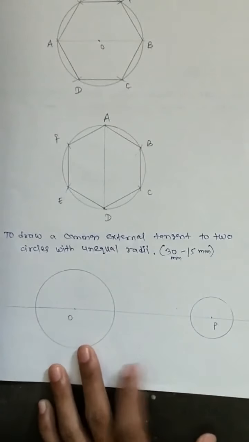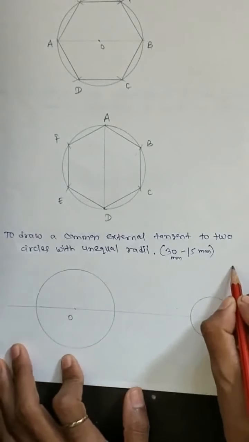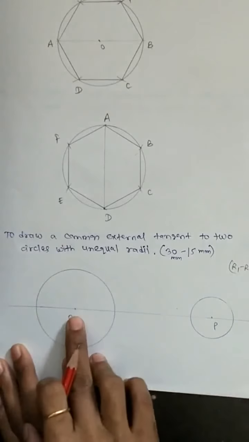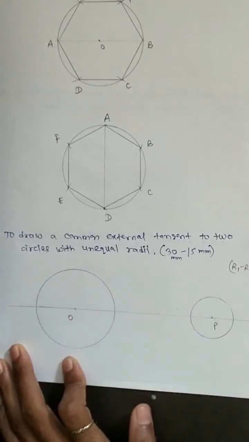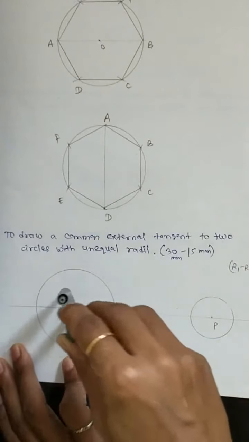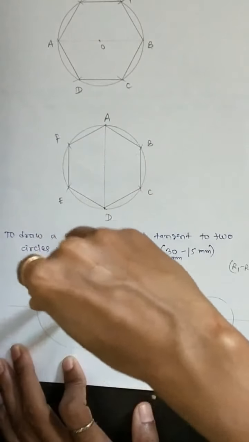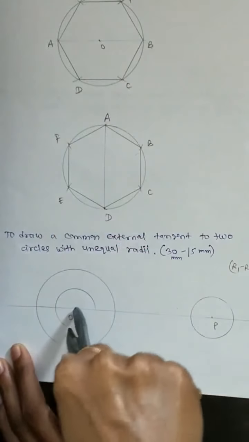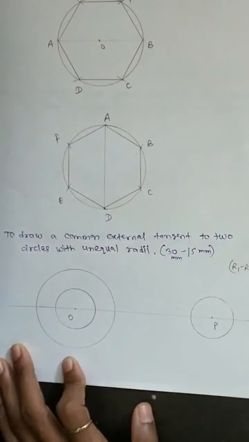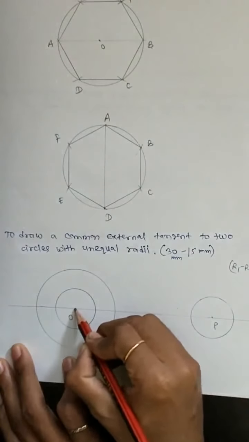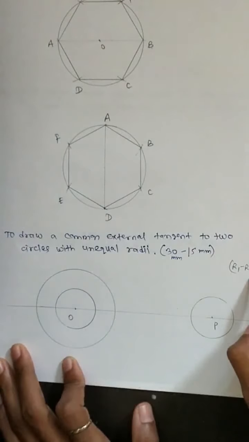Then take a radius of R1 minus R2. R1 is 30 and R2 is 15, so 30 minus 15 is 15 mm. So take a 15 mm radius with O as center and draw a circle. So this circle has radius R1 minus R2.